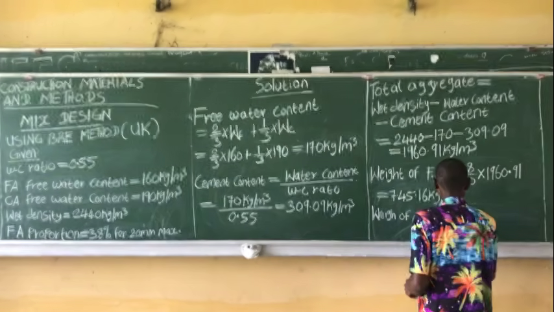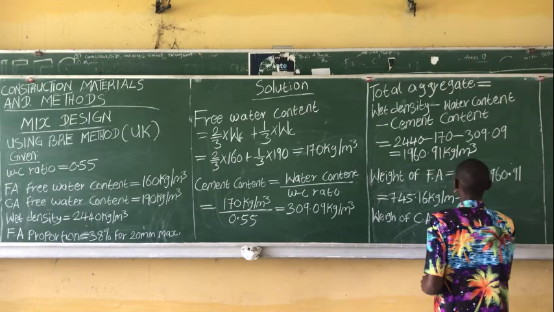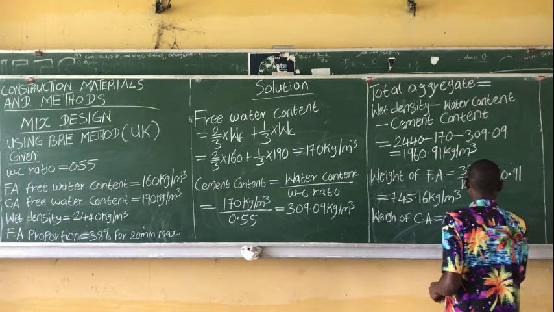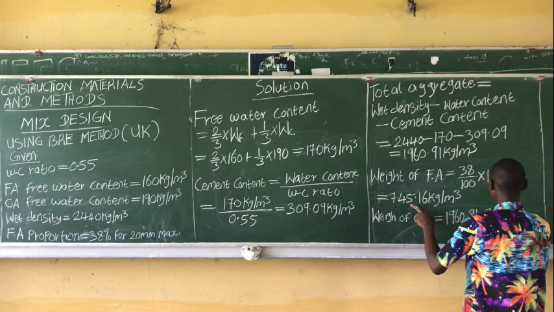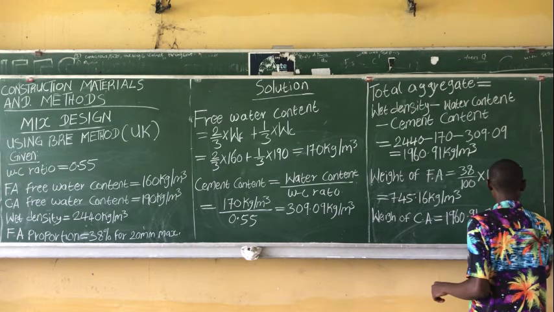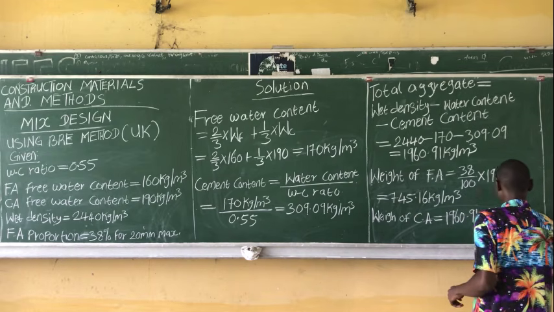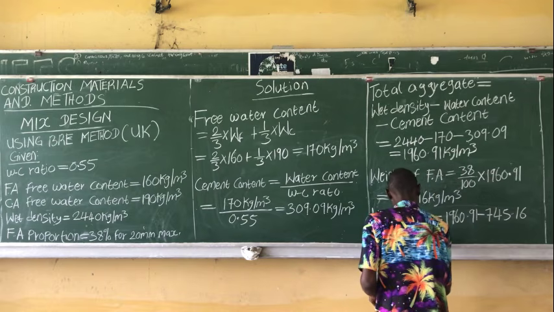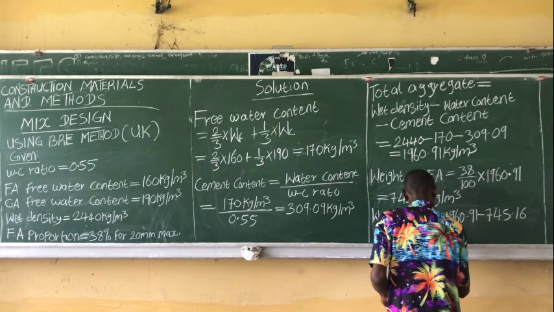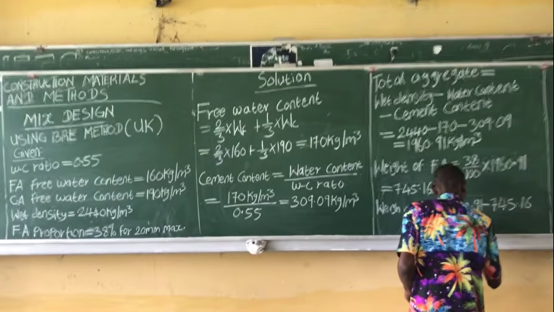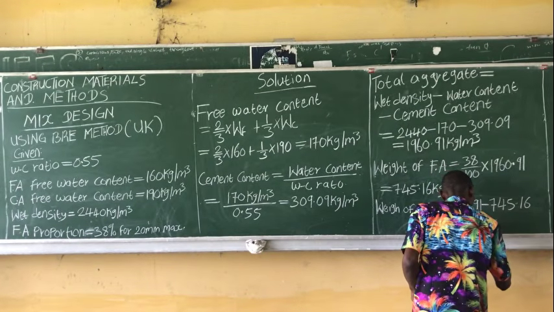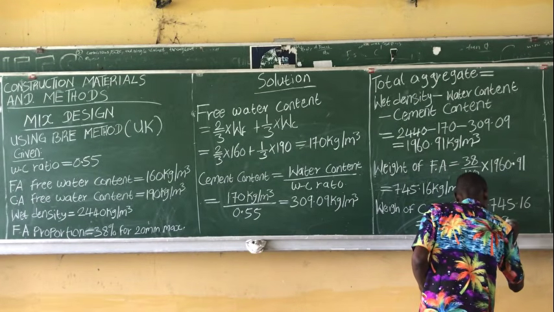So it's going to be 1960.91 minus 745.16, and that's going to be equal to 1215.75 kilogram per meter cube.